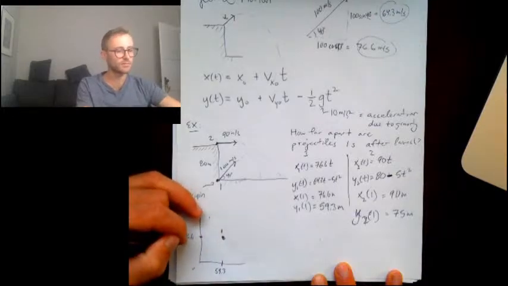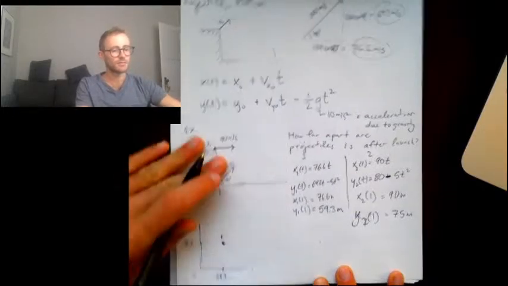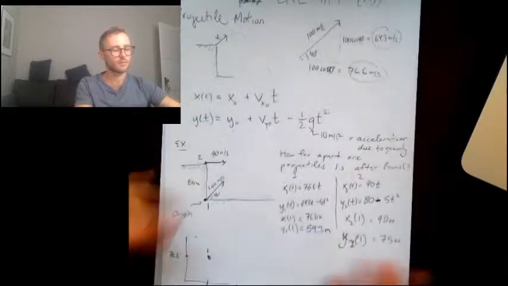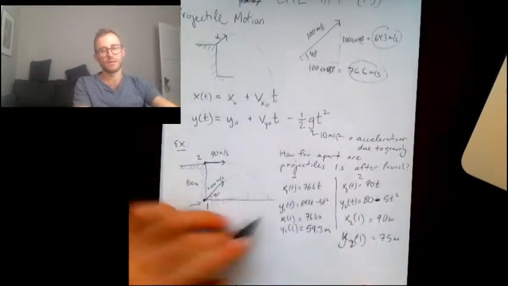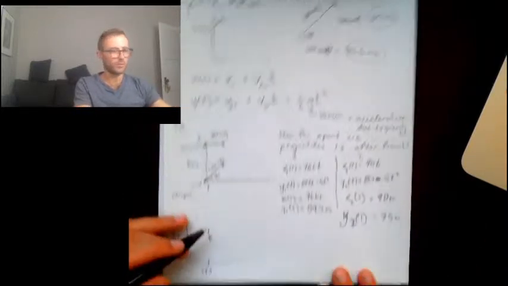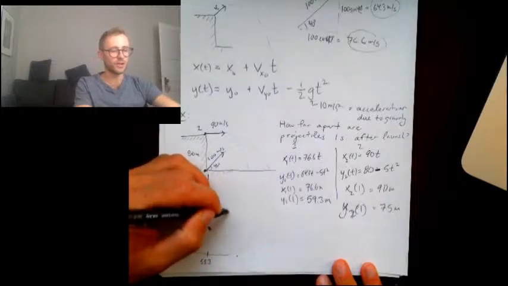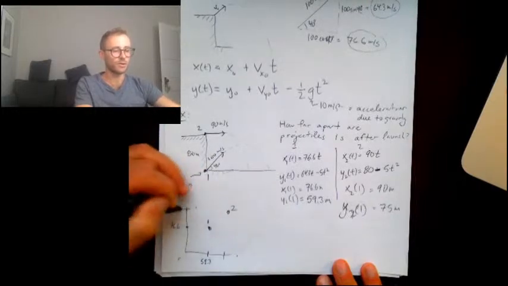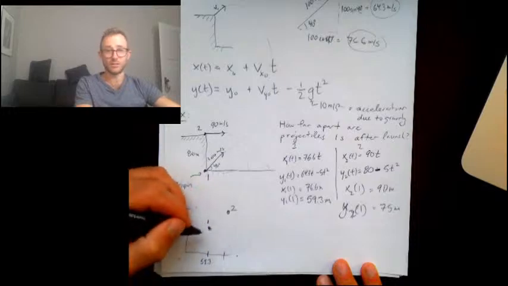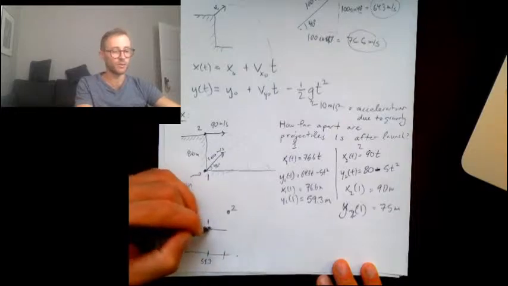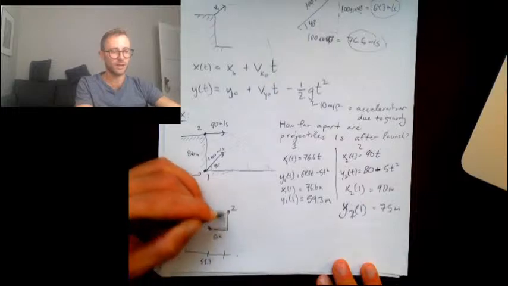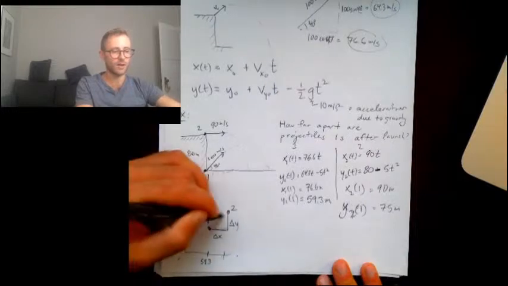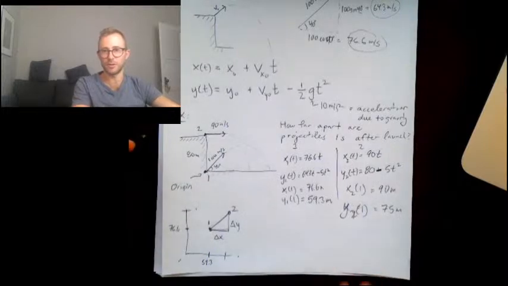Gosh darn it. You get, okay, so my point is projectile 2 is maybe right here, and it has its own coordinates. And if we want to know the distance between them, I figure out what is this distance, which would be delta x, and what is that distance, which would be delta y, and I do the Pythagorean theorem, and that's going to give me the distance between them.